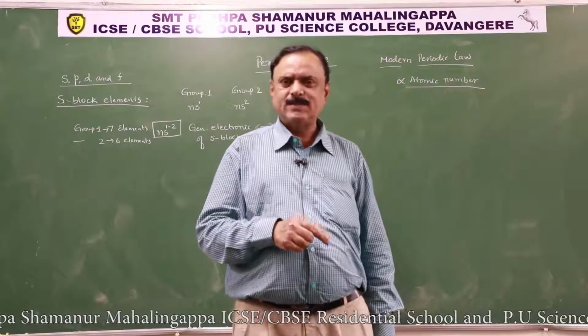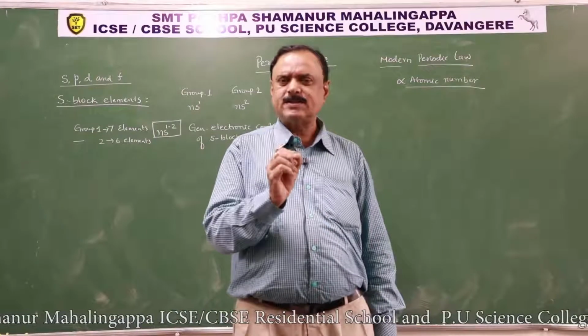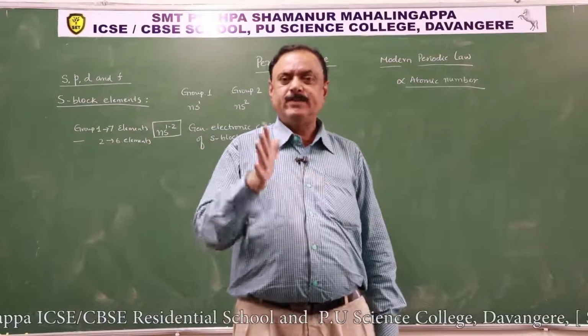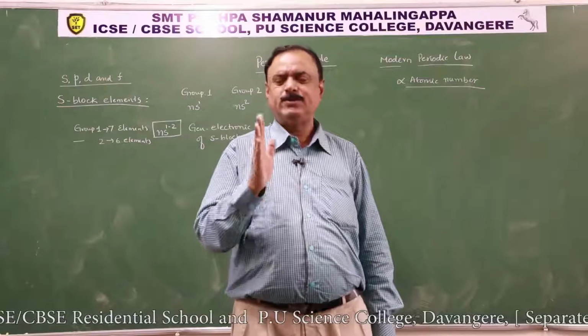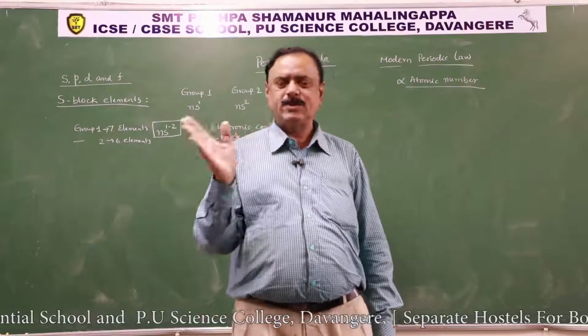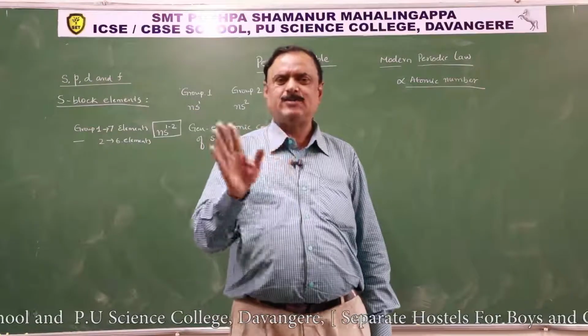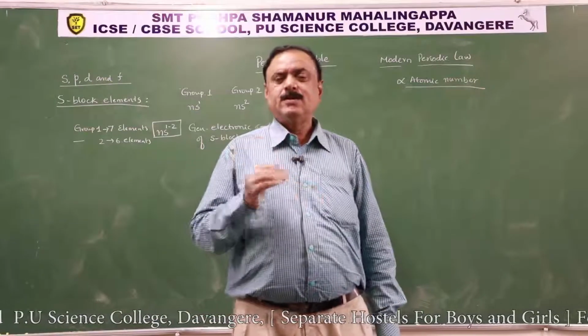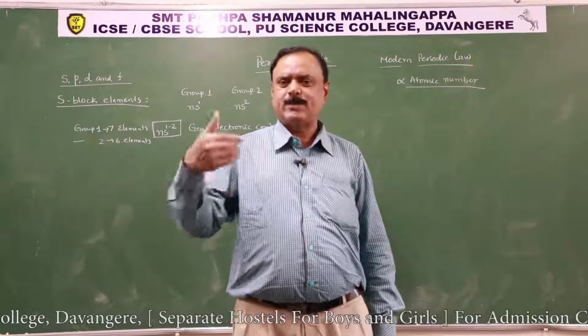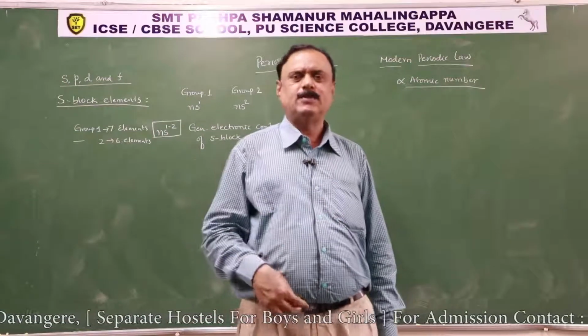This implies group number 1 metallic hydroxides are soluble in water. The remaining metal hydroxides, group number 2 metal hydroxides, may or may not be soluble in water. Usually they are not soluble in water. In group number 2, later we will come across the periodic properties of each one of the compounds.